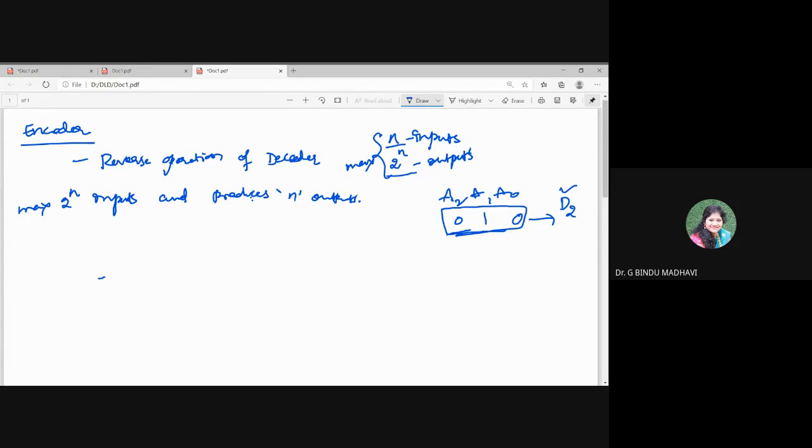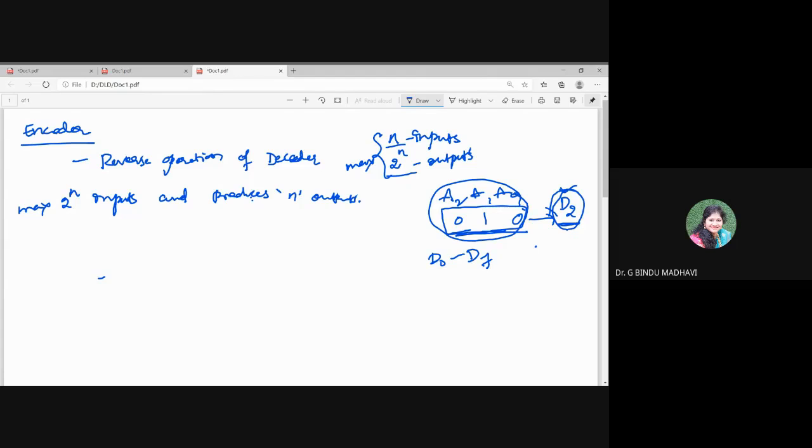But coming to the encoder, we give D0 to D7 as inputs, and the outputs are A2, A1, A0. The outputs are based on which D value is active; according to that, the output variables will be produced. We will see how with the truth table.